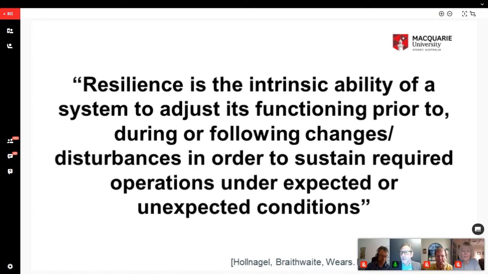And it keeps on keeping on. It sustains required operations. And the best example recently is the pandemic, COVID-19, which the health system in many countries endured, and in other countries did extraordinarily well to flex and adjust and adapt. It's about adaptive capacity.